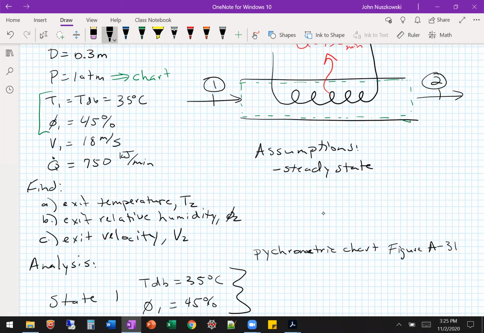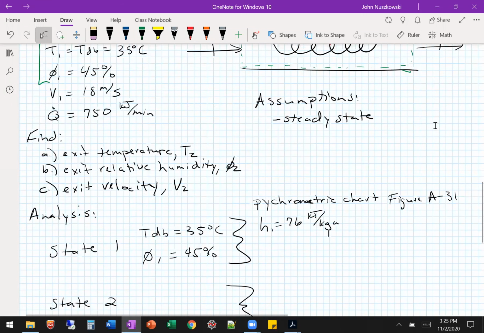We'll go through the problem on the chart afterwards. But yes, we can get enthalpy one, which I have as 76 kilojoules per kilogram dry air.